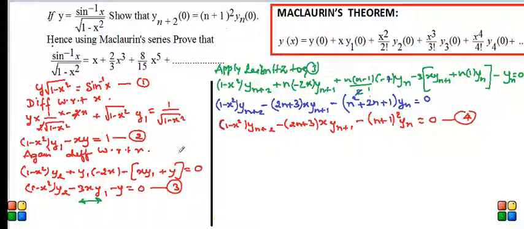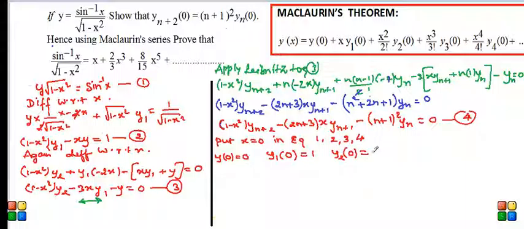Now as the algorithm, we can put x equal to 0 in equations 1, 2, 3 and 4 to get y when x was 0 is equal to 0, y1 at x equal to 0 is 1, y2 at x equal to 0 is again same as y of 0, that is 0, and y n plus 2 when x was 0 is equal to n plus 1 whole square, y n of 0.